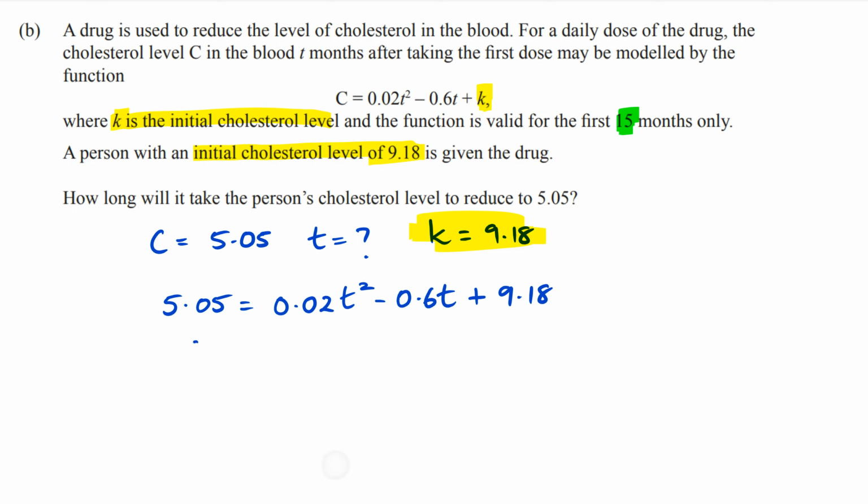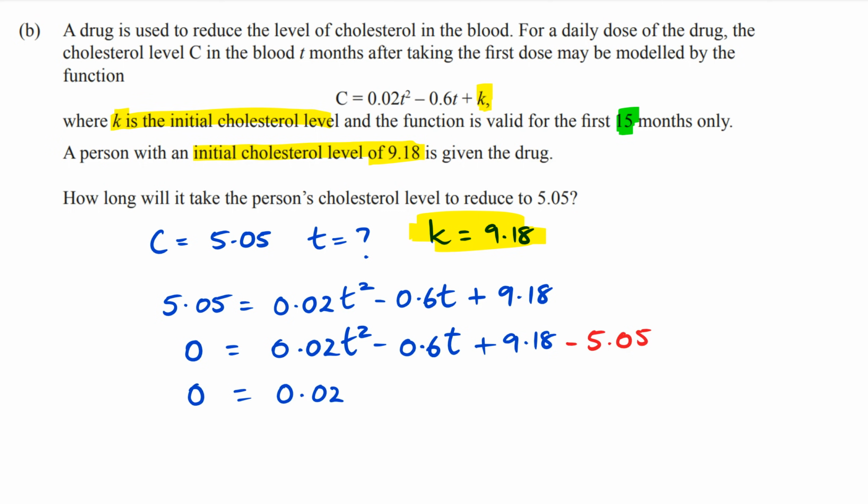Rearranging this equation, I get 0 is equal to 0.02t squared minus 0.6t plus 9.18, and of course when we bring 5.05 to the other side, it is negative 5.05. So simplifying this, we get 0 is equal to 0.02t squared minus 0.6t plus 4.13.